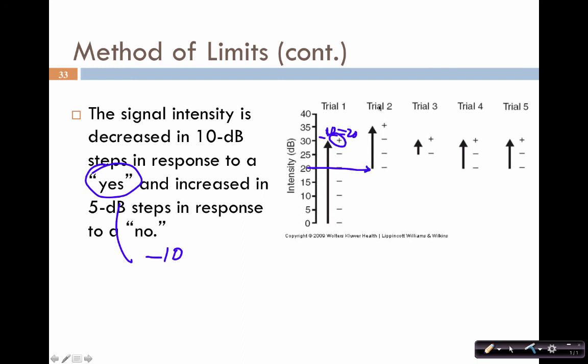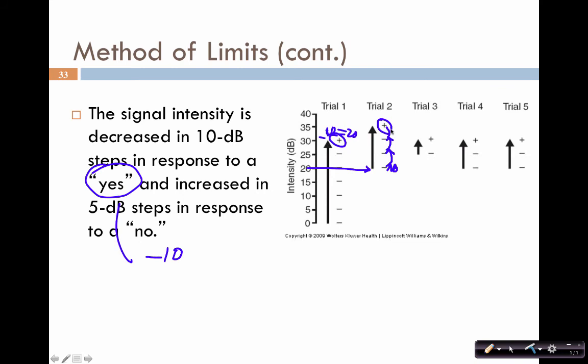So on trial 2, we readjust the amplitude, we set it down, and so now we present at 20, no response. With a no response, we increase it by 5 to 25, no response, increase it to 30, no response in this particular sequence, and then we increase it to 35, and in fact the person responds.